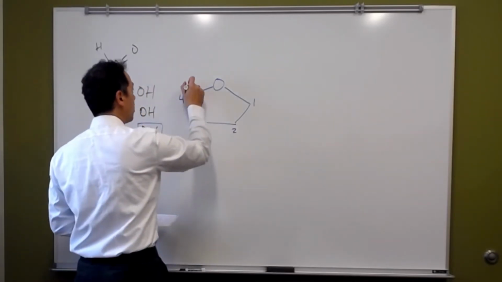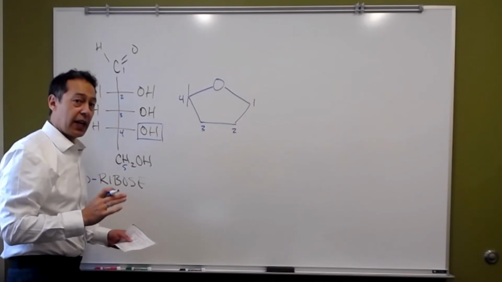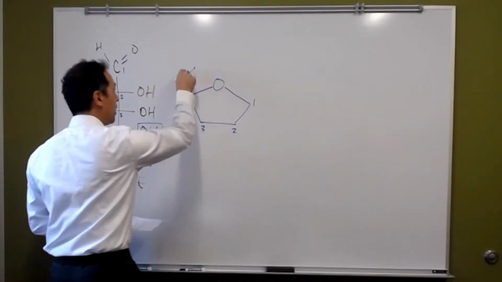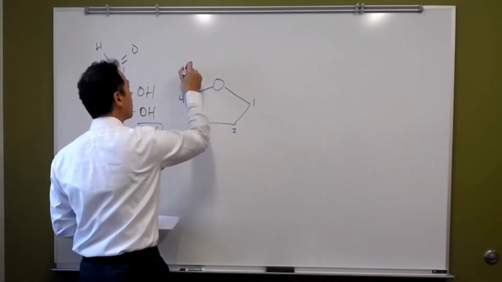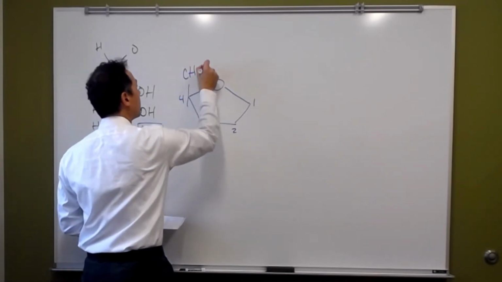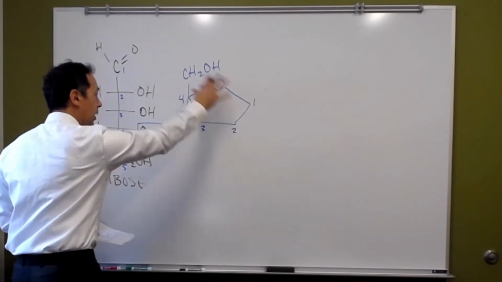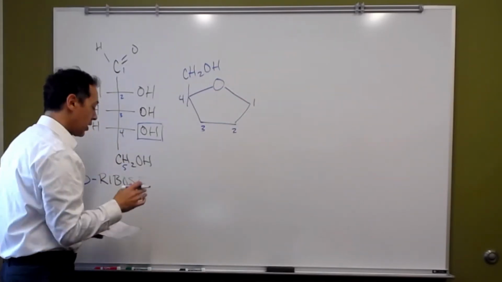To show that it is a right-handed molecule, we're going to take this group here and put it up above or outside of the ring like that.